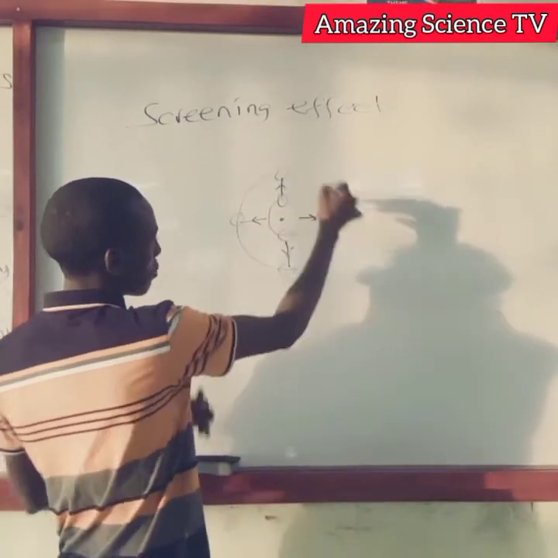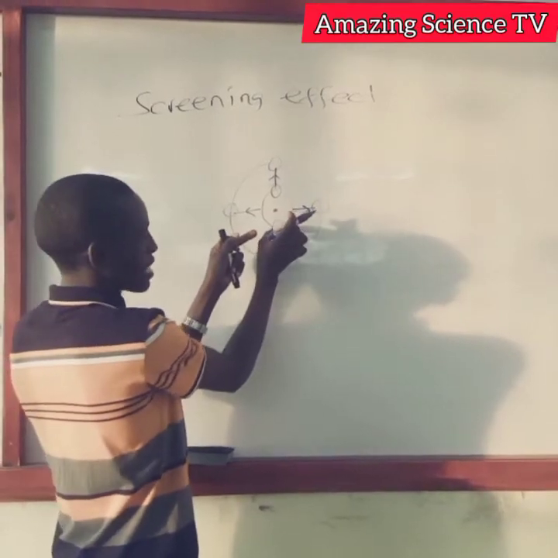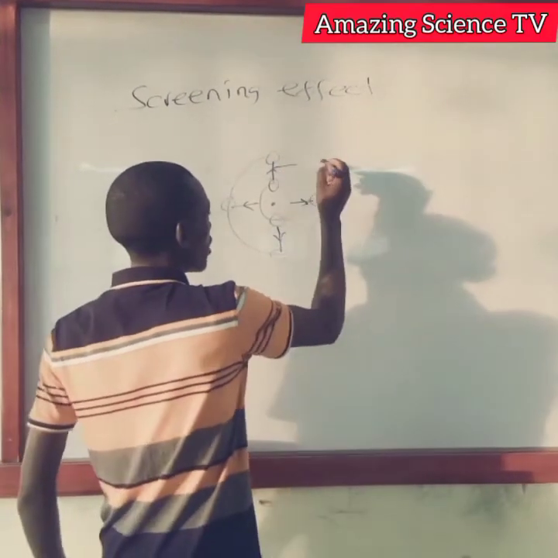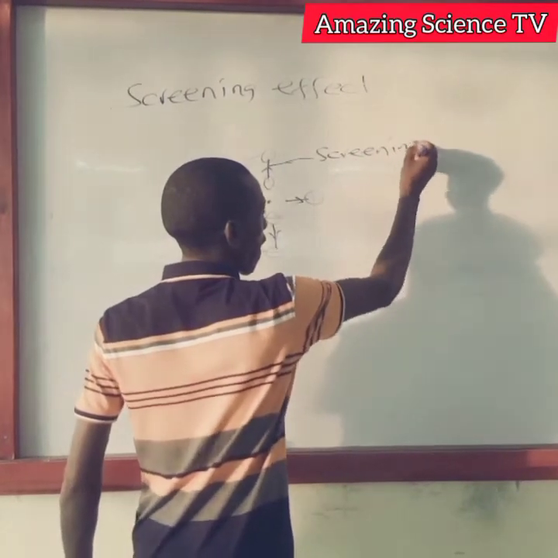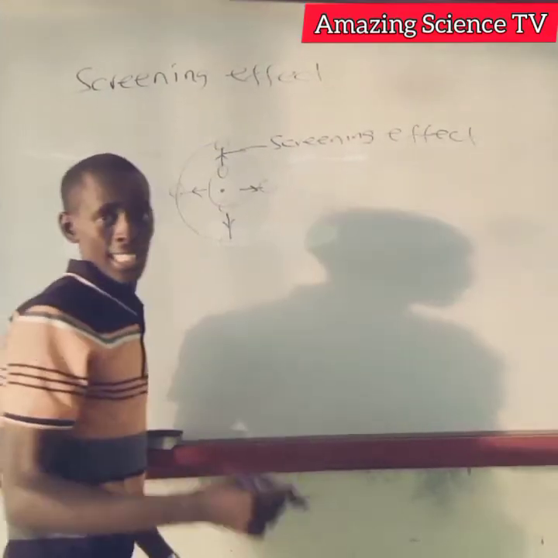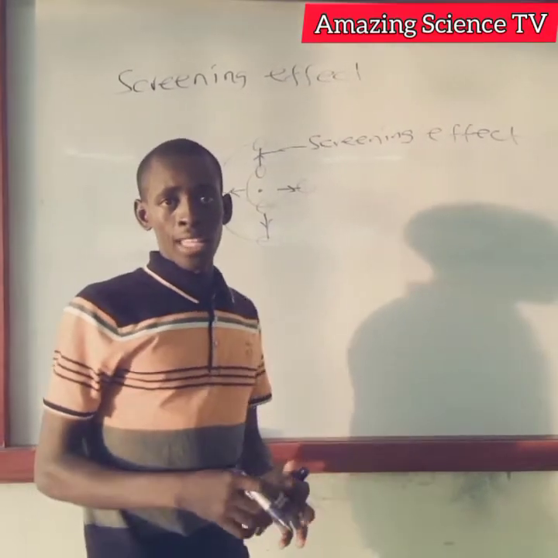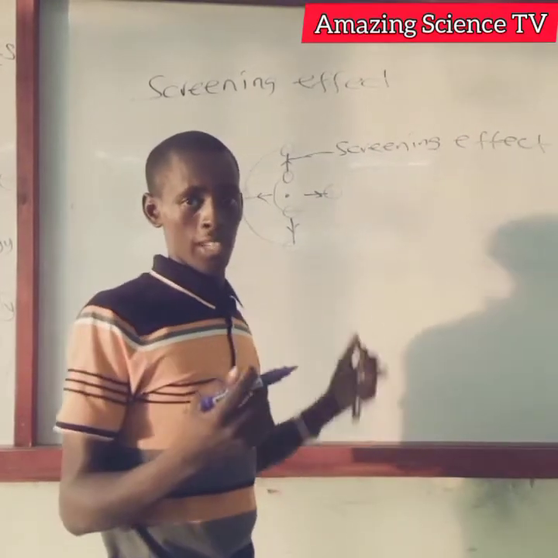So these are the outermost electrons, and these are the inner ones. So this is what we refer to as screening effect or shielding effect. We shall be talking about it as we go further with periodic chemistry.